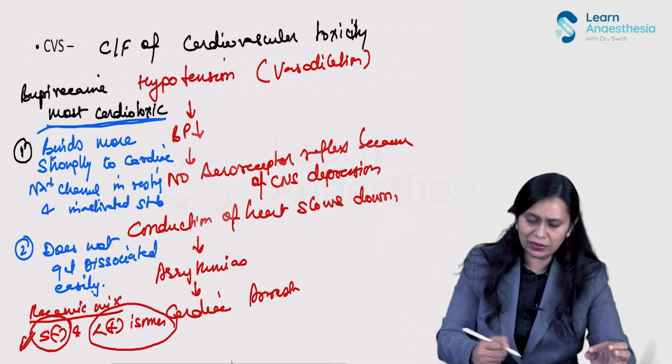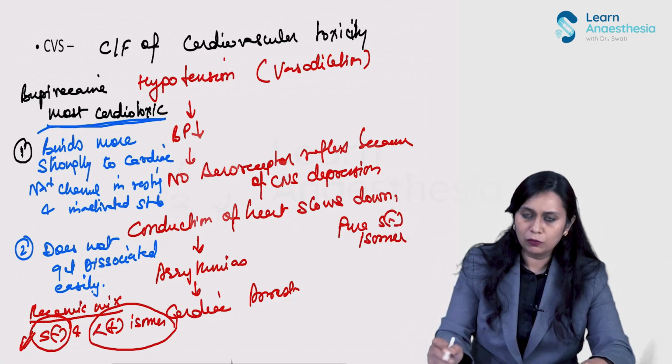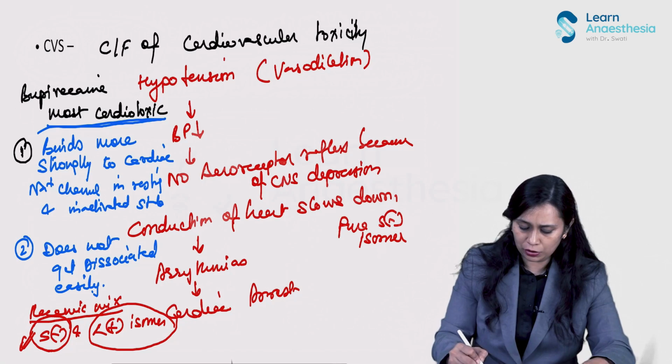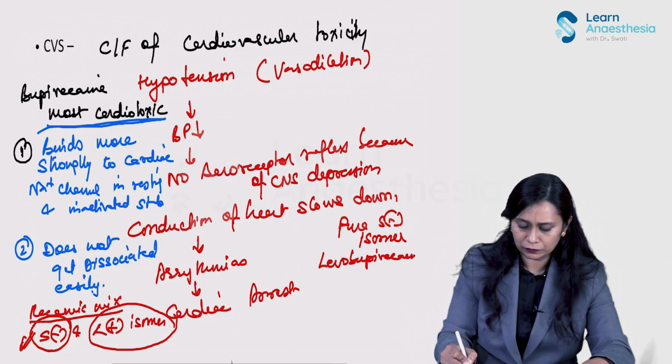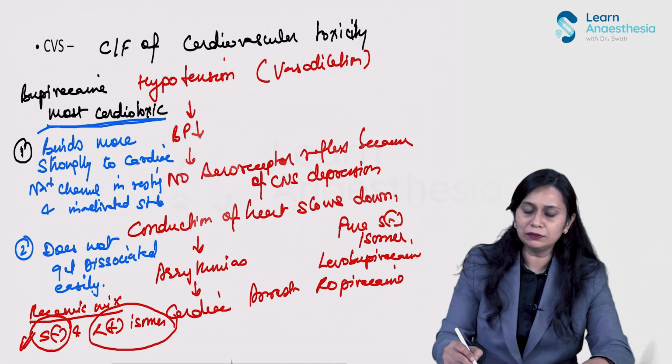So the pure S isomer of bupivacaine was made. Two drugs, pure S isomer: one is levobupivacaine and the other is ropivacaine. In ropivacaine, there was one more good thing done.